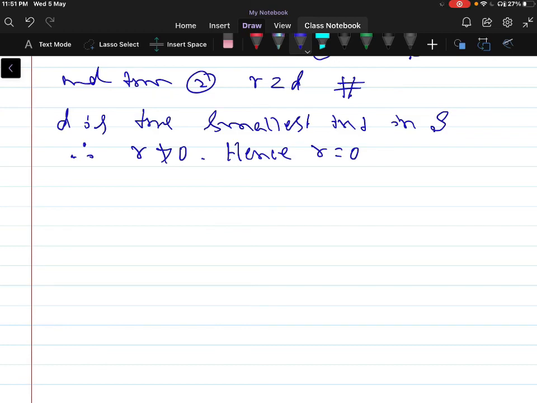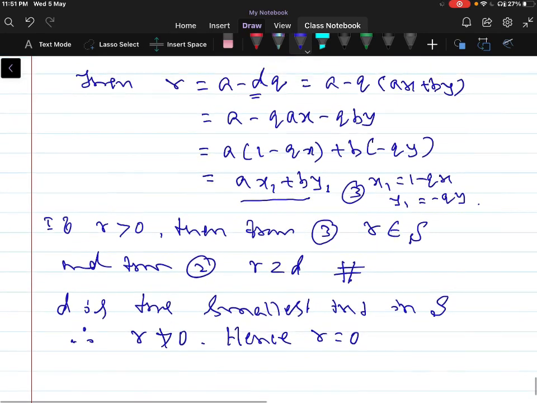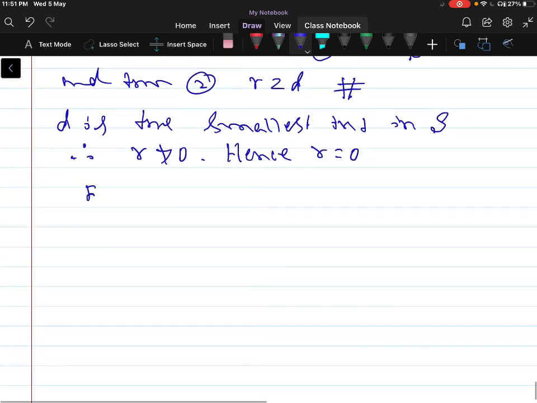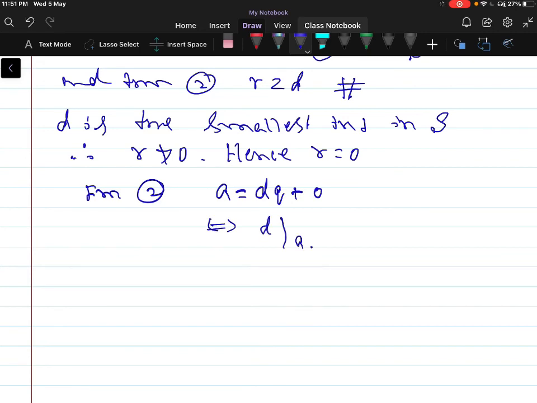So, from equation 2, a is equal to d into q plus 0. So d divides a.